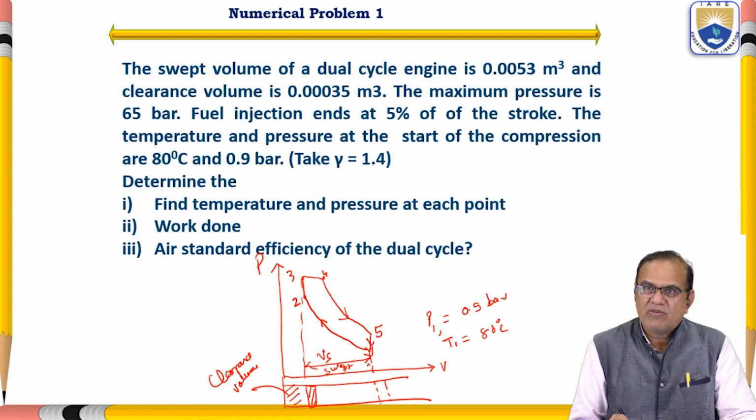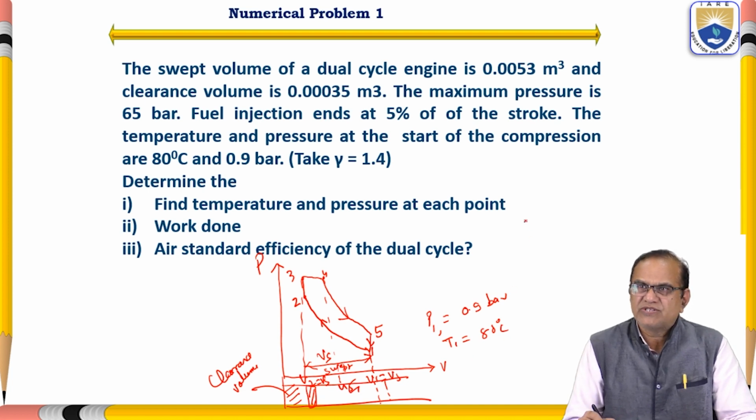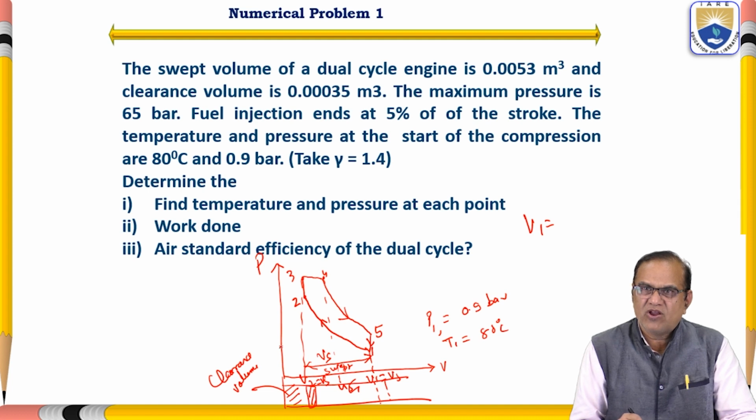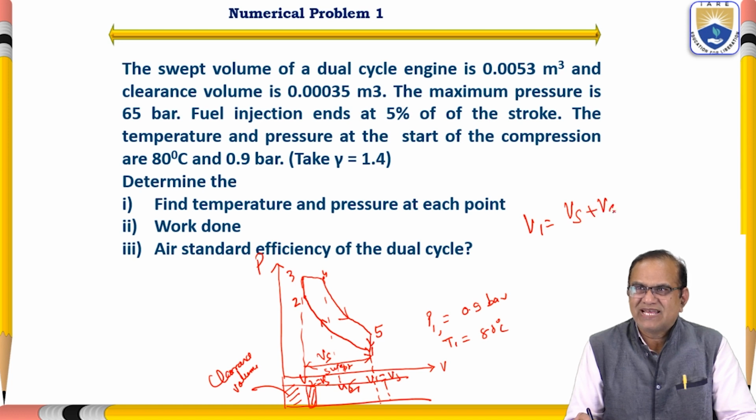So from here to here, this is V1, and V1 is equal to V5, and here V2 is equal to V3, and here is V4. So V4 is given here. If you see, V1 means the full volume from here to here, total volume is equal to stroke volume plus clearance volume.